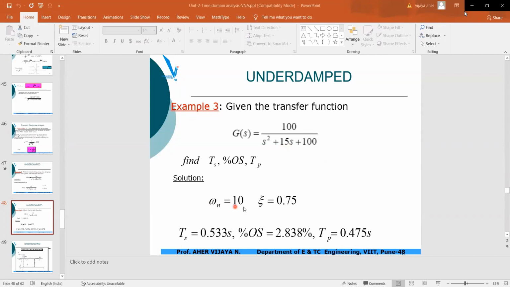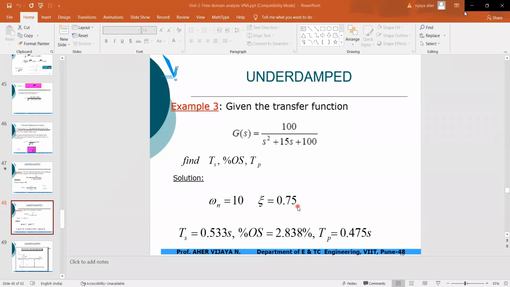We are having omega n is equal to 10. So zeta is equal to 0.75. All of you got the same value? So 15 divided by how much? 10 into 2, 20. So 0.75 is nothing but the value of your damping ratio or damping factor.